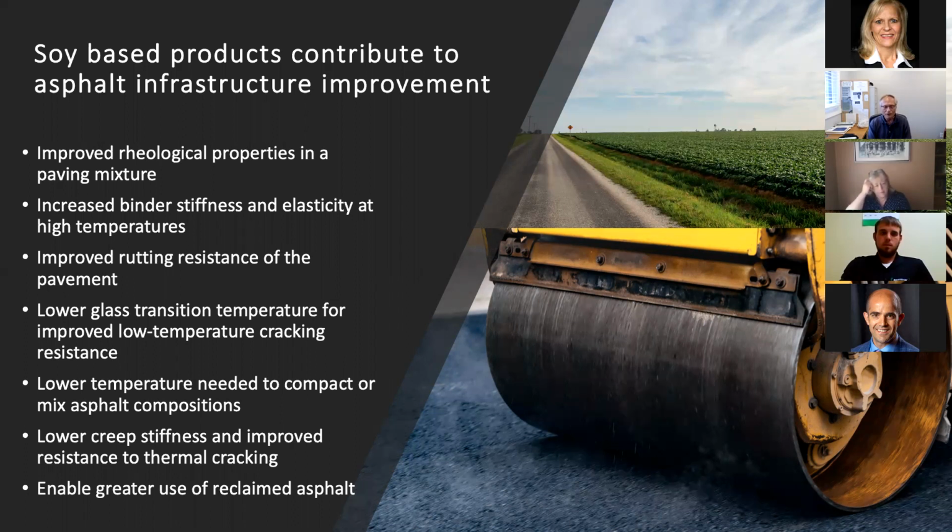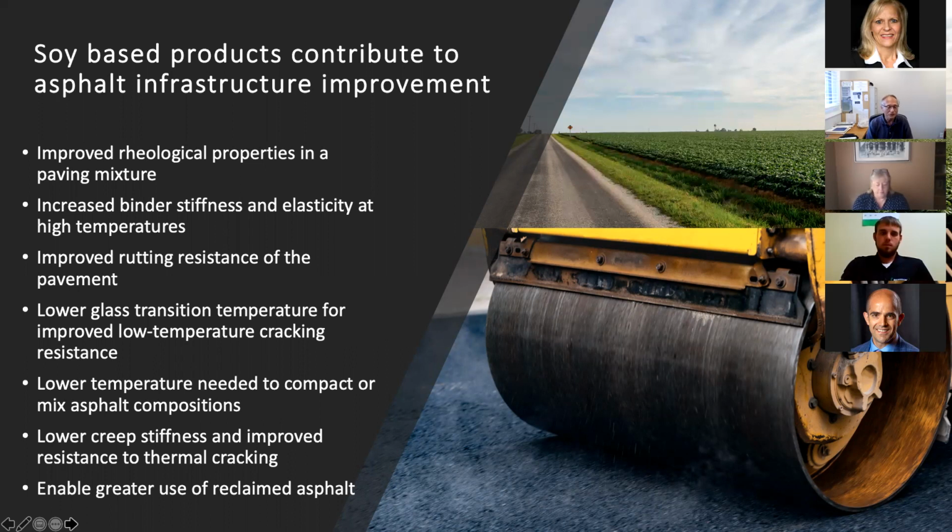The soy products also lower the glass transition temperature, which then provides a better low temperature cracking resistance. And because of the rheological modification, you can compact or mix the asphalt compositions at a lower temperature, which leads to some energy savings.